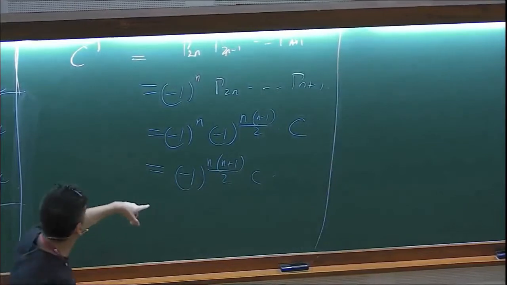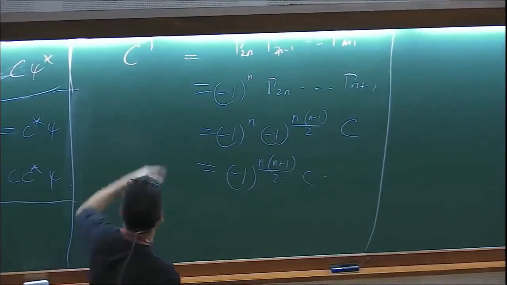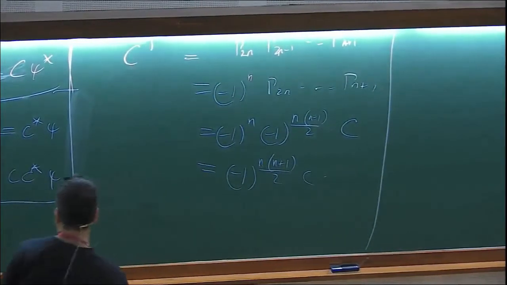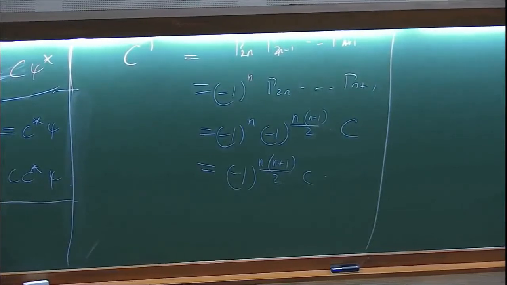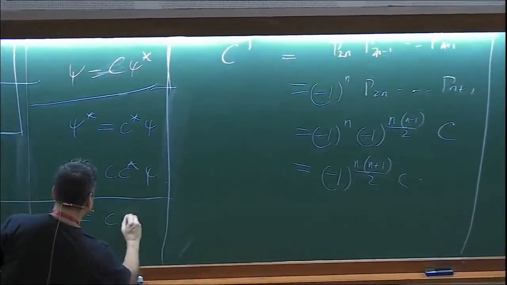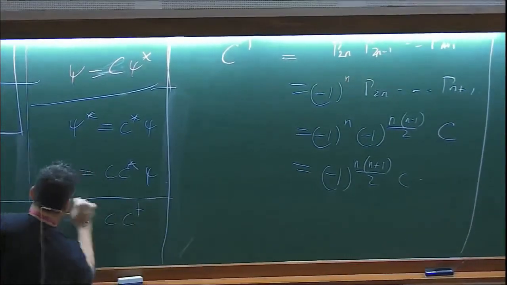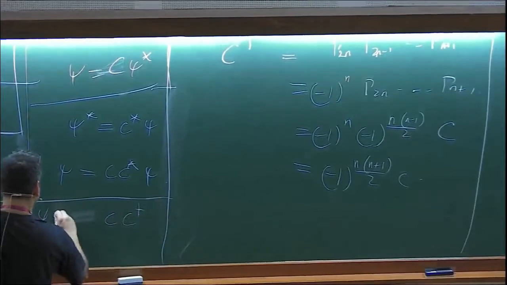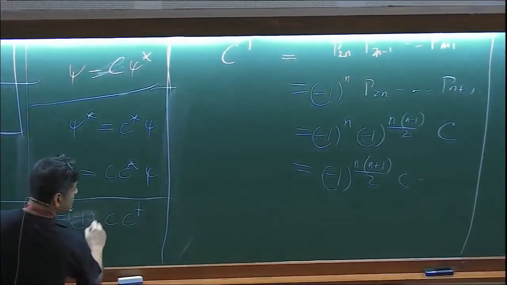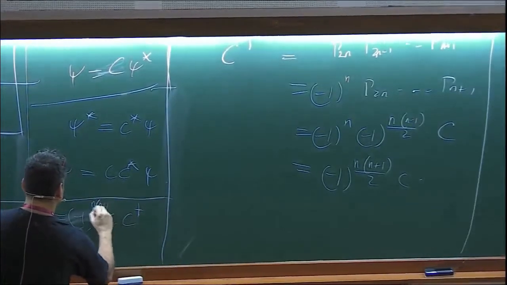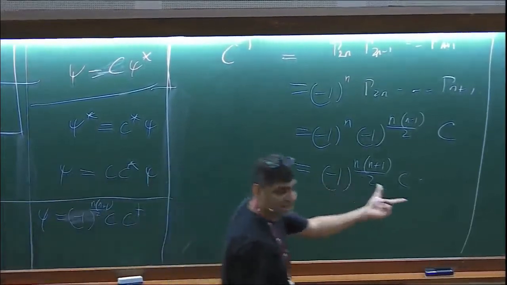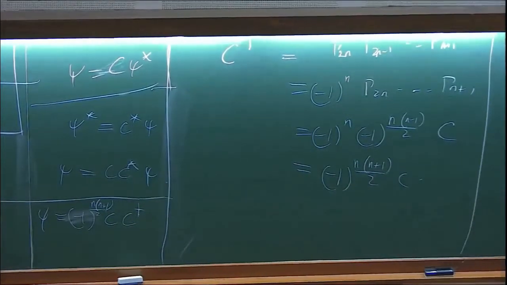Okay. Well, so now, why have I bothered with C transpose? I bothered with it because I can now write this as C dagger times this factor, because transposing C picks up this additional factor; the dagger and star differ by a transpose.